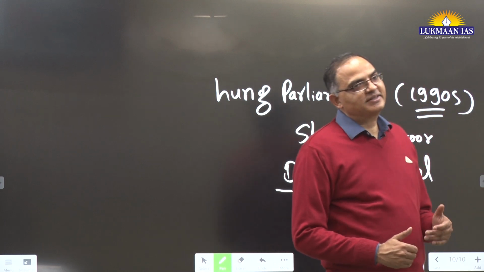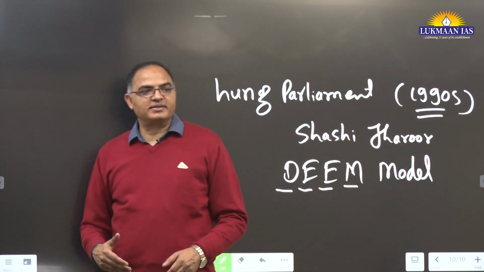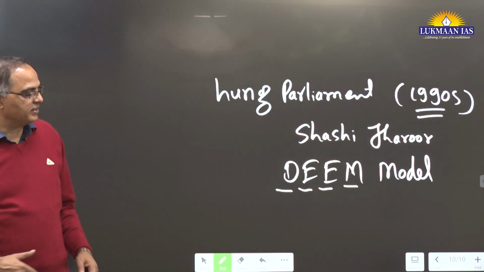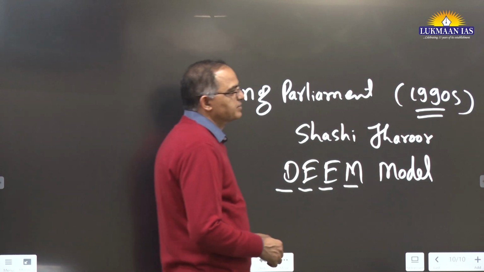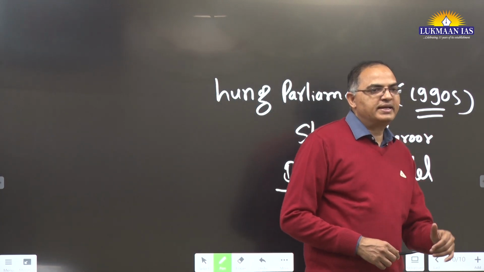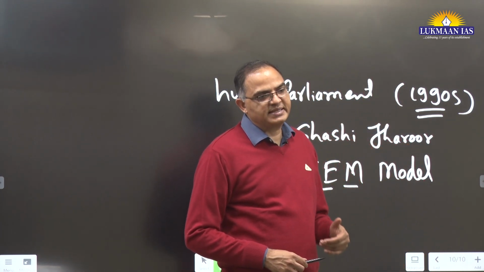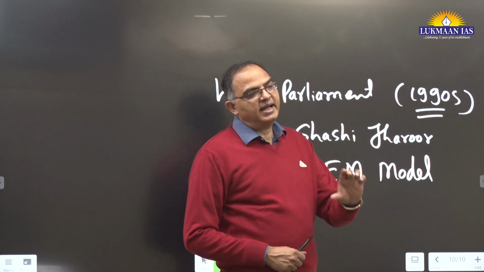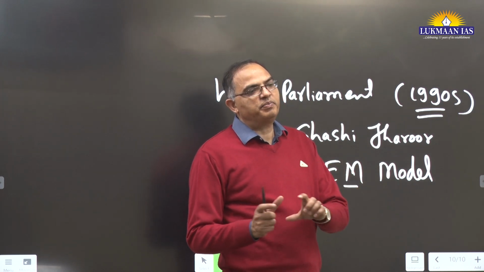It is not just that this has an advantage and that has advantages. Prime ministerial government and presidentialization, that part I will deal with when we take the prime minister.